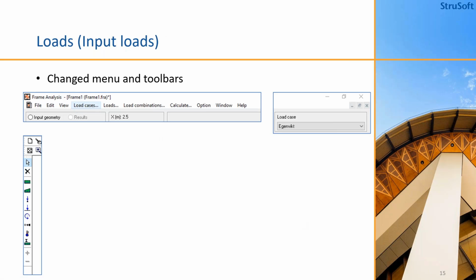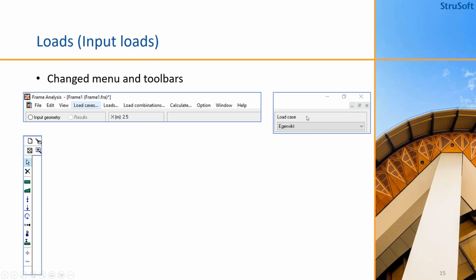Once we have defined our structure, we can move on to loads. And once we do that, there are a few different changes, and one is the menu bar that is changed. There is also a tool in order to select the different load cases that we have in the model, and that is for easy application of the loads.